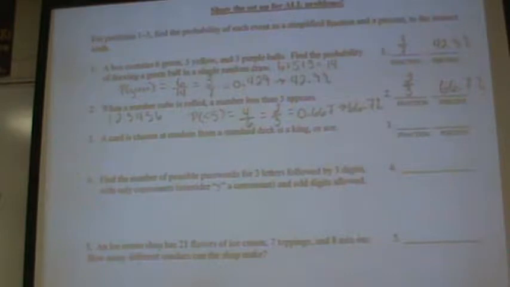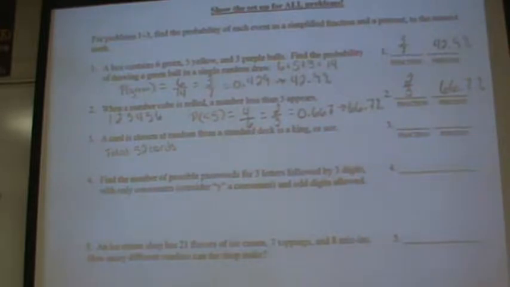Number 3. The probability that a card chosen at random from a standard deck is a king or an ace. So we know that there are a total of 52 cards in a standard deck. And there are 4 kings and 4 aces.